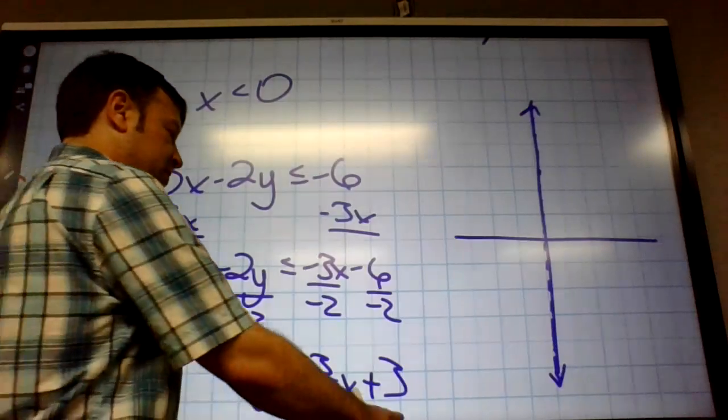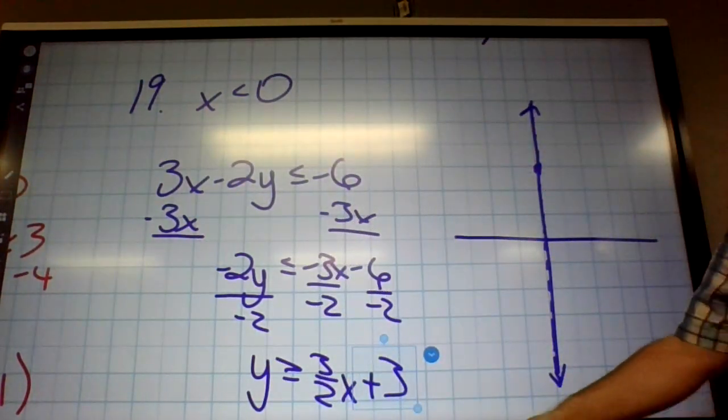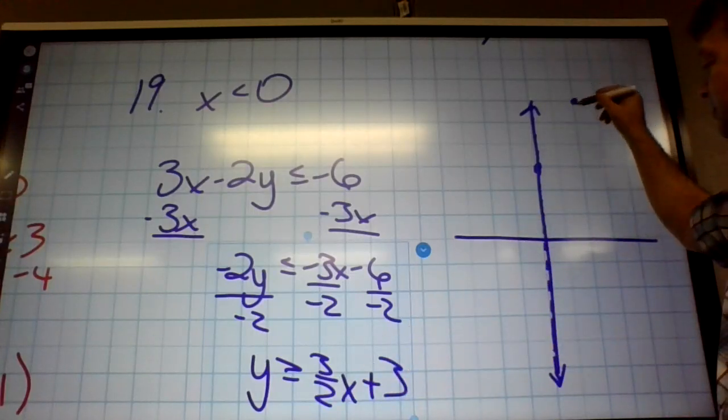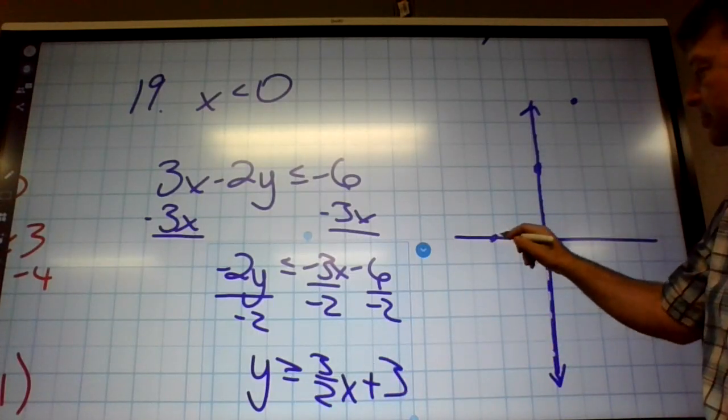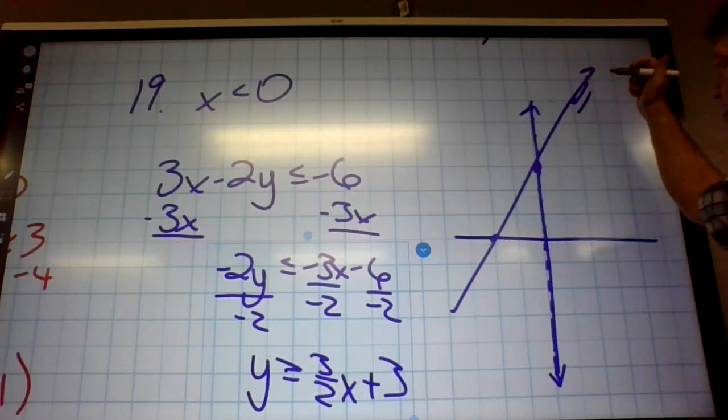Okay, so that one's going to start up 3, and it's going to rise 3, run 2. So rise 3, run 2, or go backwards, down 3, back 2. That line is solid. Oh boy.